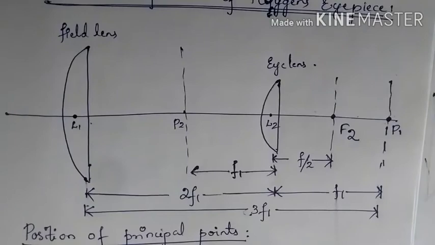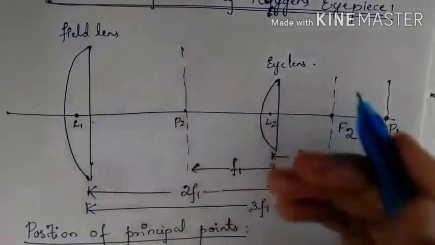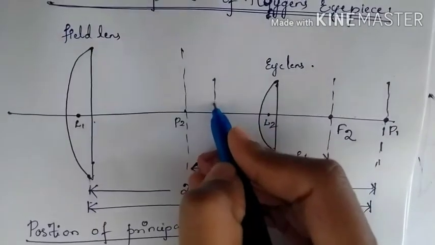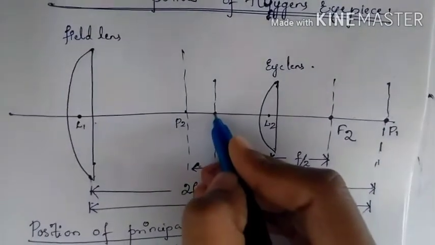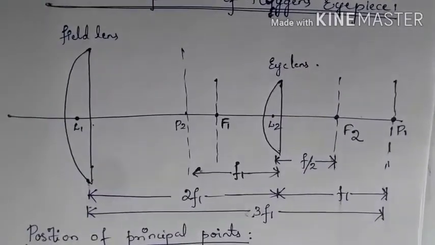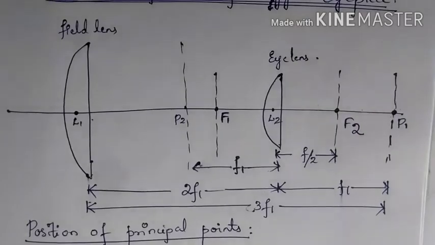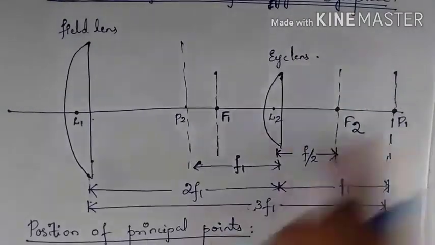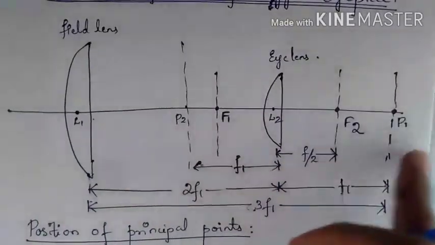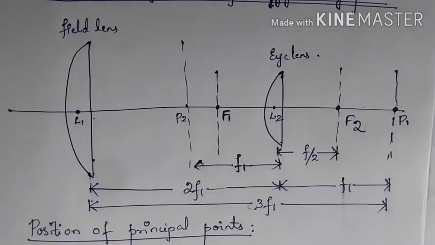Now beta 1 is at a distance 3 by 2 f1, so that comes somewhere here. So this is f1. So this is the overall diagram for the Huygens eyepiece, and here the system is in the air, so nodal points coincide with the principal points. It is the negative lens.